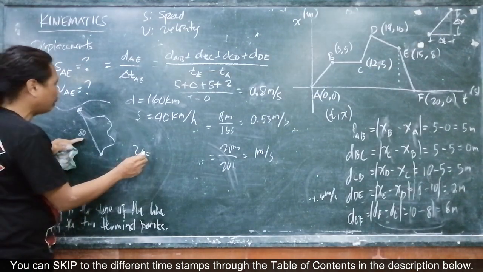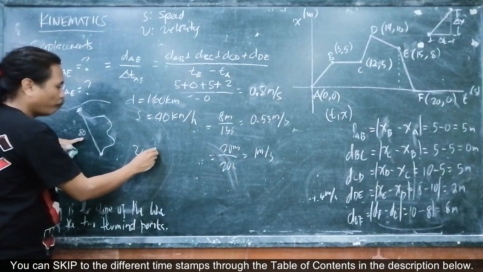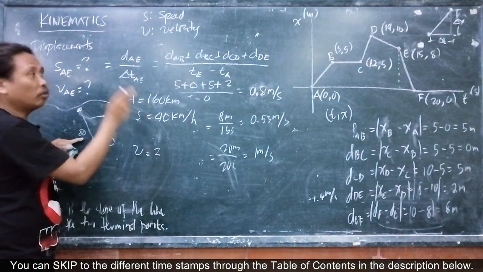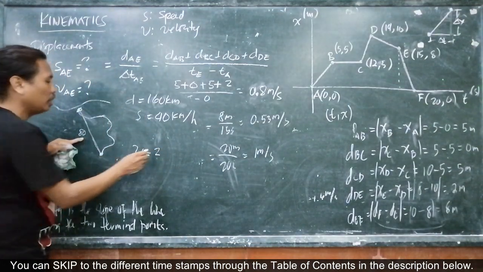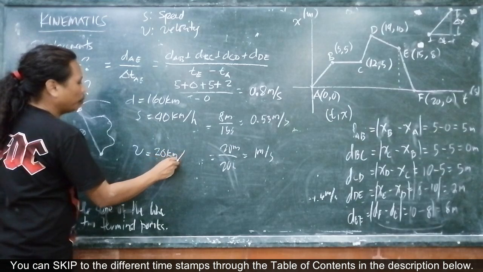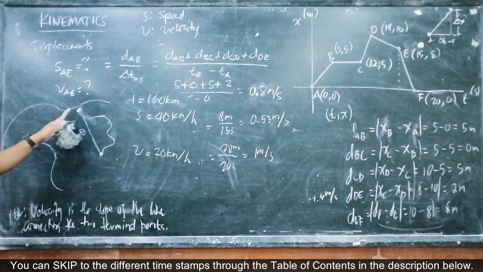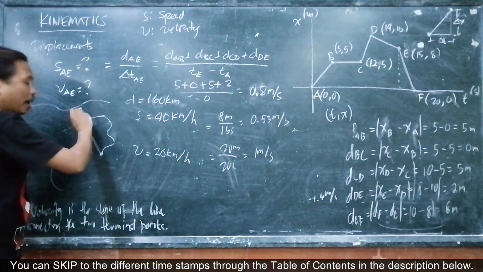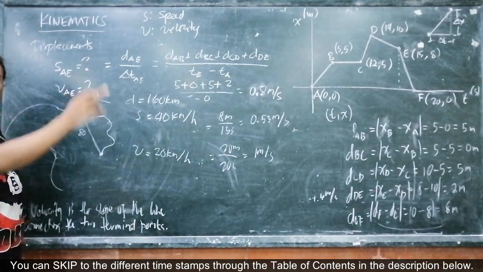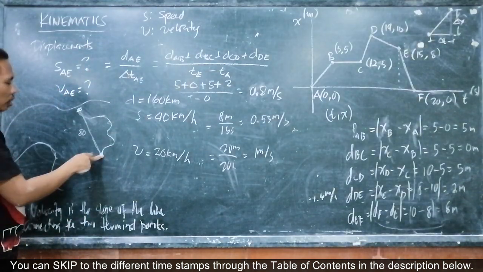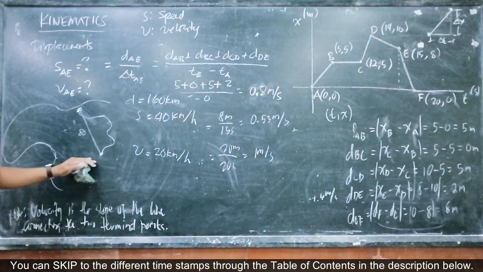That would only give us what? 80 divided by 4. 20, right? 20 kilometers per hour. And by 4 o'clock, balik na po ka, no? Balik ka, you will have a zero average velocity, right? Later on. But not an average, zero average speed. No?